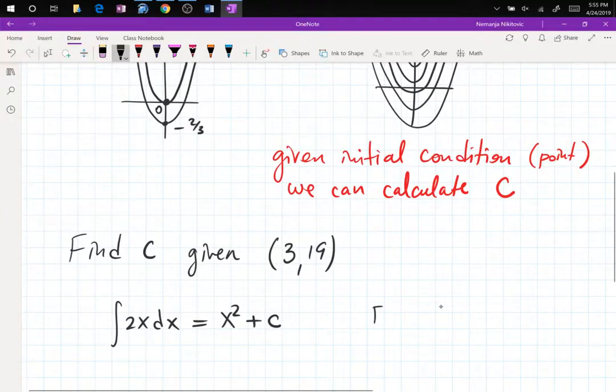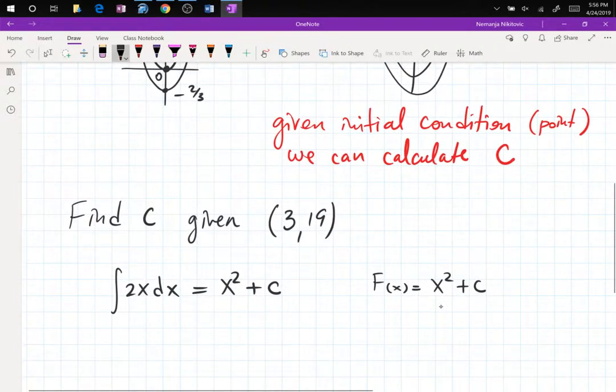So I have that my function capital F of x is equal to x squared plus c. Guys, please put capital F of x, because the lower f of x will be reserved for the function that goes into the integral. Okay? So the result is capital F of x, which we call the antiderivative, and lower f of x goes inside the integral, we call that the integrand. So capital F of x is x squared plus c.